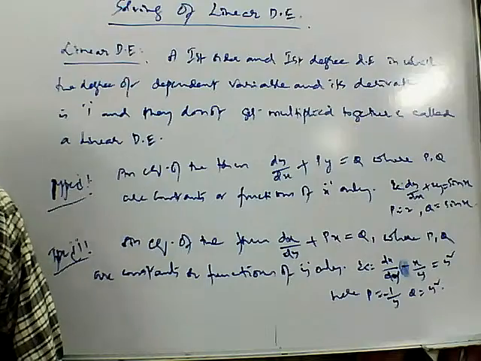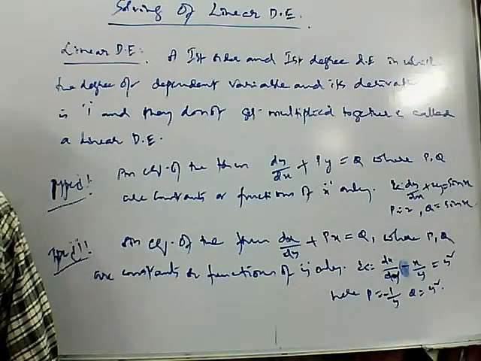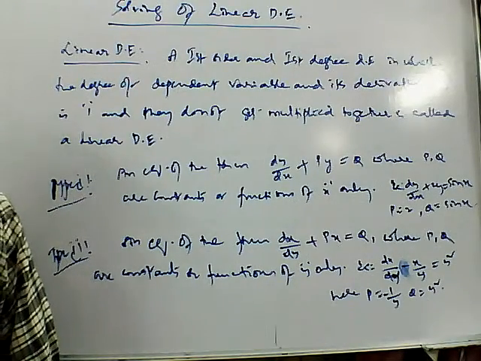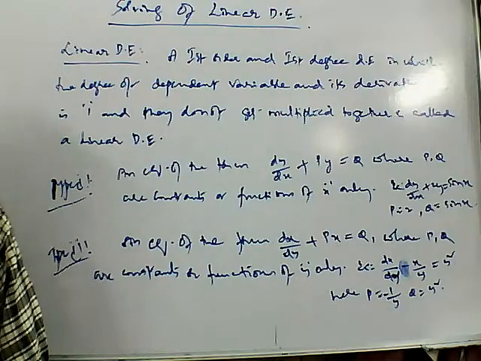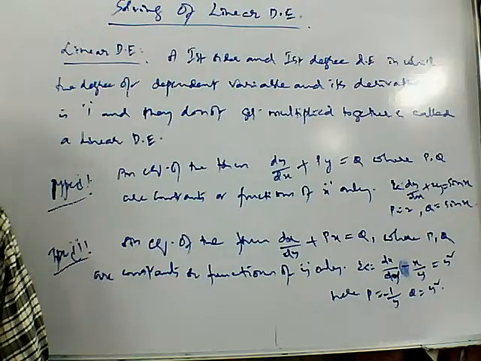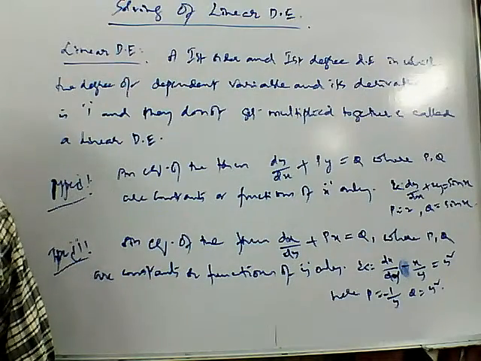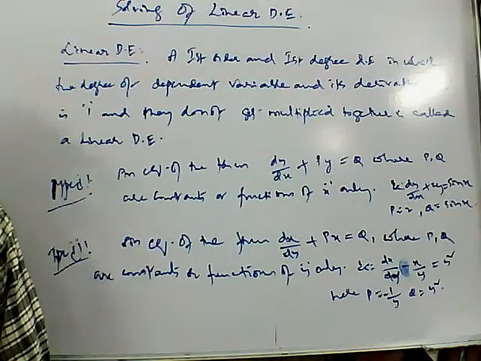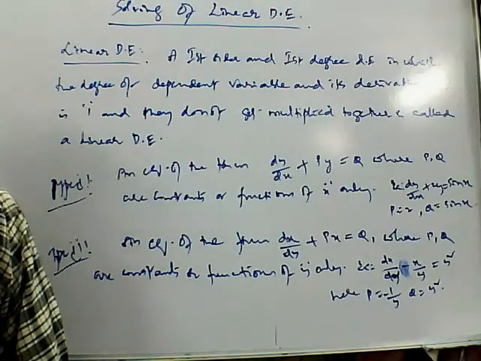So there are certain landmarks for you. In the case of variable separable, x and y are able to be separated, with x and y multiplied and divided. In the case of homogeneous, the degree of x and the degree of y should be the same order, the numerator degree should be greater than or equal to the denominator, and put x equal to lambda x, y equal to lambda y, then check.